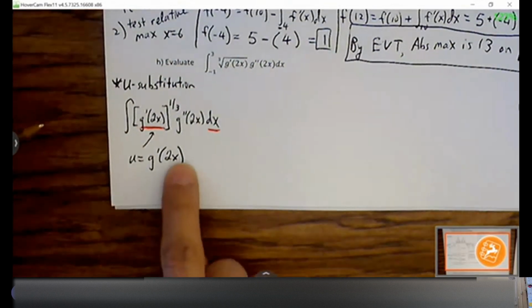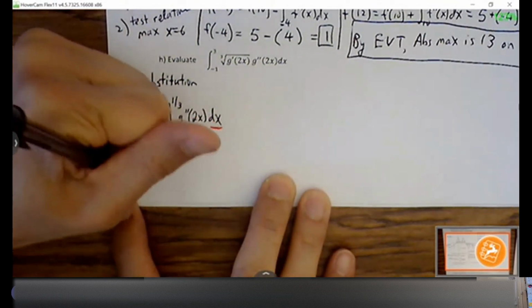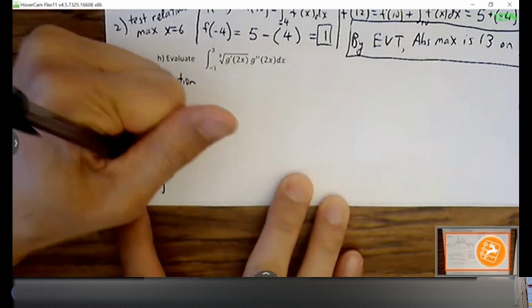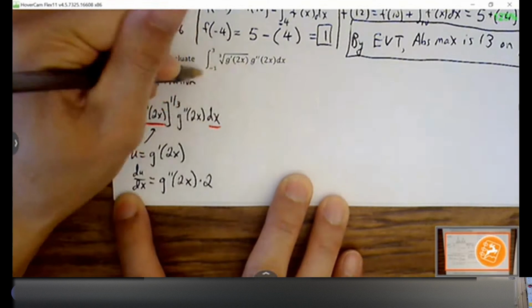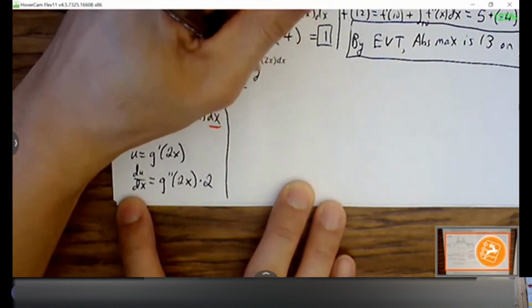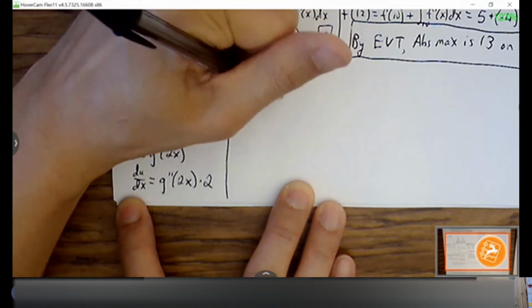And to find the derivative, we have to do a little bit of chain rule here. So g prime becomes g double prime, that's the outer portion, multiplied by the inside portion, so times 2. Solve for dx, and we get du over 2 g double prime of 2x.